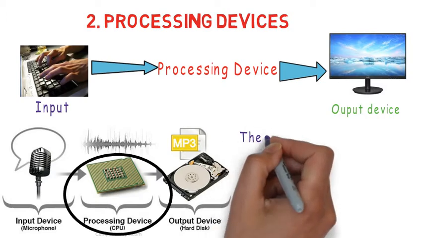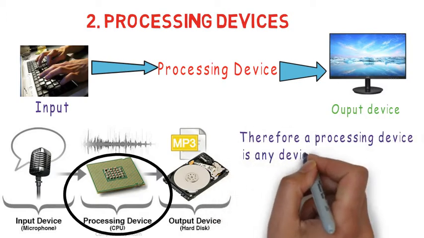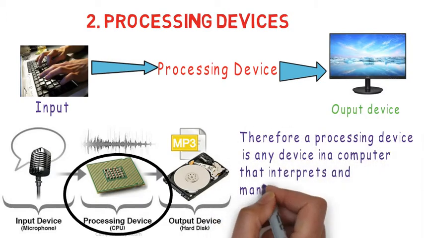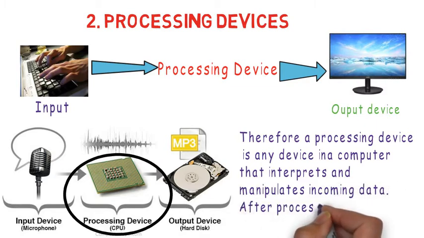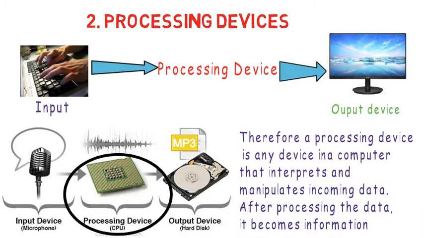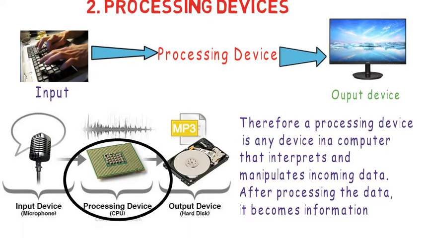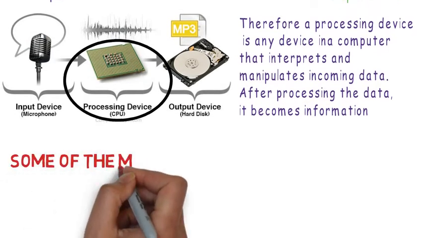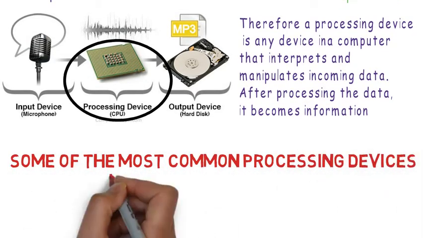In this case, the output device is the hard drive. We can therefore say a processing device is any device in a computer that interprets and manipulates incoming data. After processing the data, it becomes information. Therefore, we can say information is processed data.